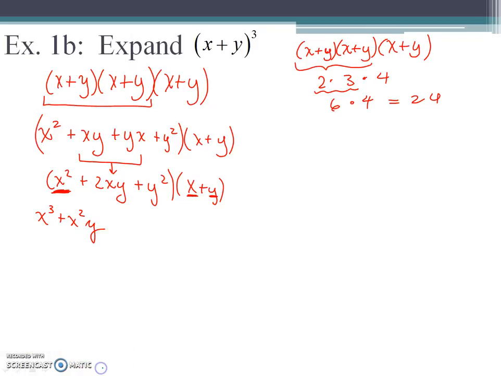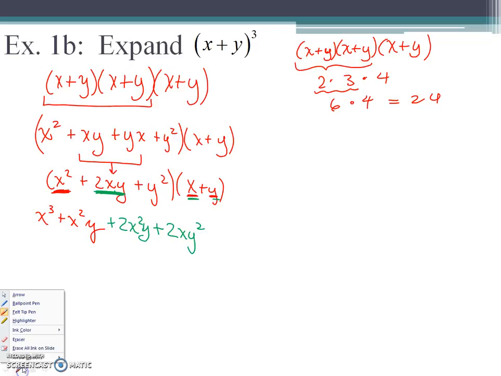Now I will take 2xy and distribute it onto x, and 2xy and distribute it onto y. So I've got 2xy times x is 2x squared y, plus 2xy times y would be 2xy squared. And then finally, we've got our y squared. We're going to distribute that onto our x and onto our y.